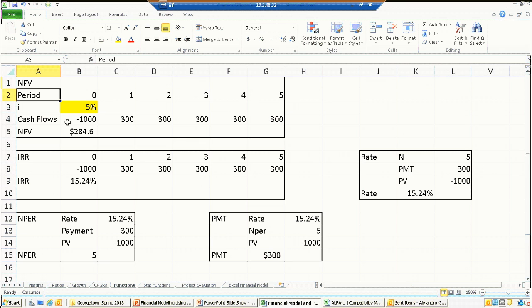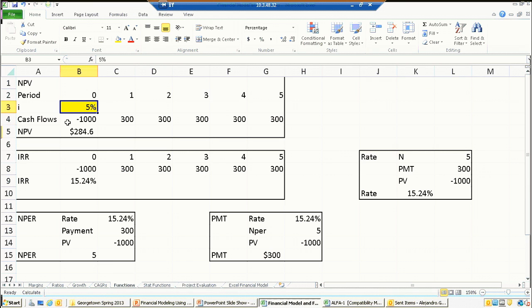Net present value, this is to analyze the net value that a set of cash flows will create or will result in. So conceptually, what we're looking at is if you have a project that requires a certain number of investments, let's say at the beginning of the life of the project, and you have an expected set of cash flows over a number of years, and you have a cost of capital, the cost of opportunity to making that investment, you can determine what is the net present value in present terms, so in current terms.